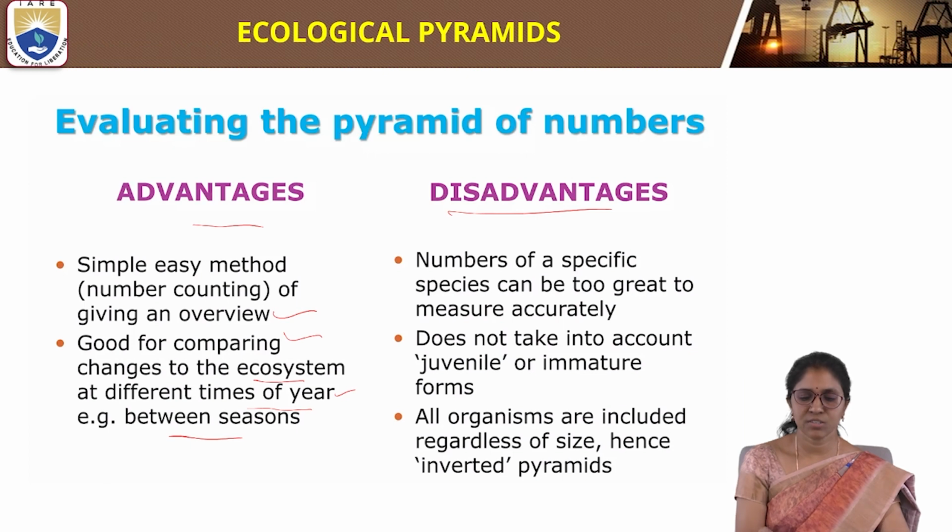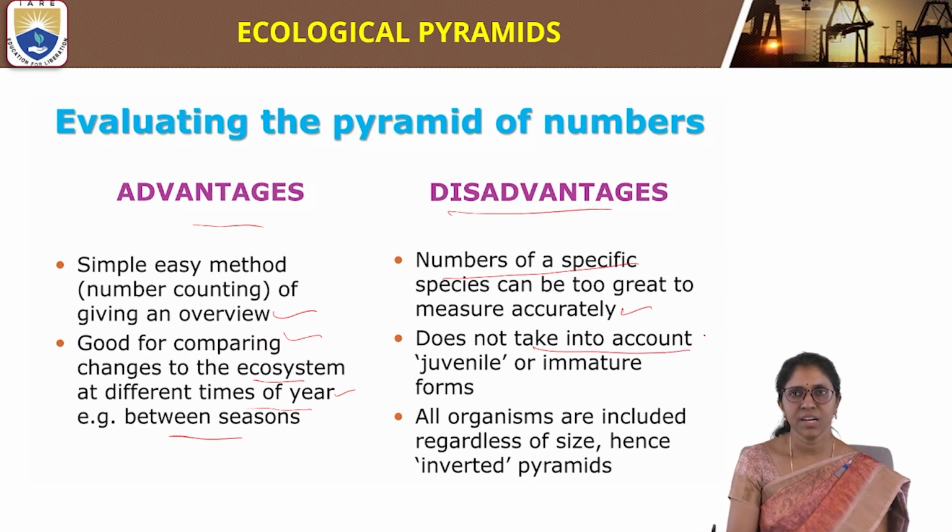The disadvantages of a pyramid of numbers are, first, that the numbers of specific species can be too great to measure accurately, and it does not take into account juvenile or immature forms.